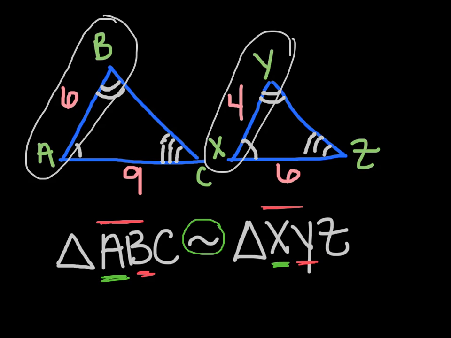These little symbols in here mean that this first angle is congruent to this first angle, and this angle with 2 matches this angle, and therefore when it has 3, it's congruent to the matching angle on the other side with 3. And then if you look, these sides are in proportion because 6 is to 9 as 4 is to 6.